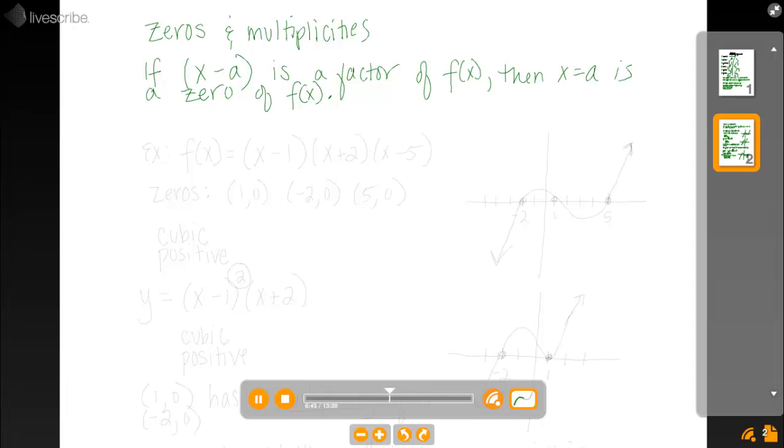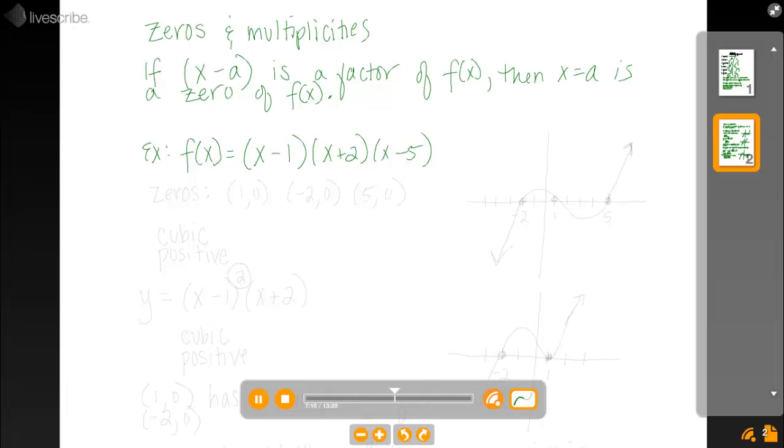That should make sense. Let's look at this function. Let's take f of x equals the quantity x minus 1 times x plus 2 times x minus 5. You can probably tell right away what 3 values make this function equal to 0. Because this function's in factored form, it's a lot easier to graph polynomials when they're in factored form.